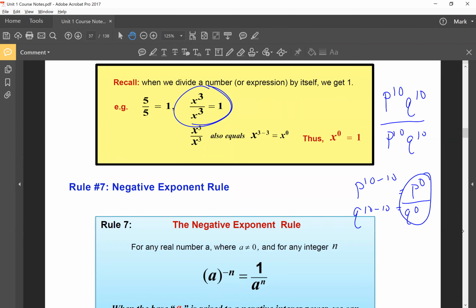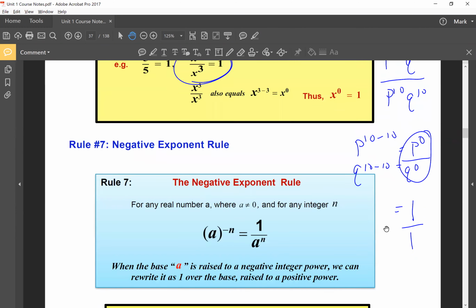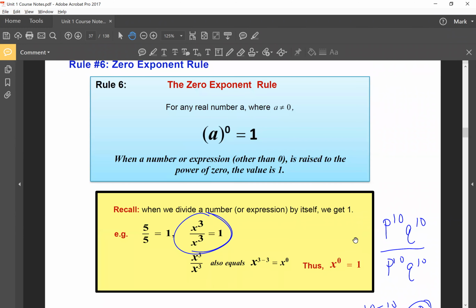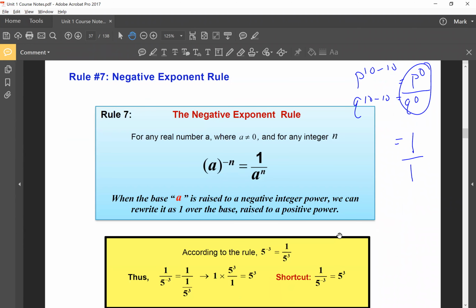Why is it 1? Well, both of these are 1. Anything to the power of 0 is 1. You'll notice that rule went really quick because if you see something to the power of 0, it's a 1. You can do that on your calculators if you don't believe me.